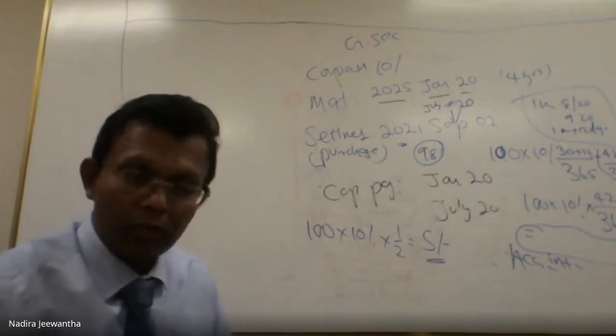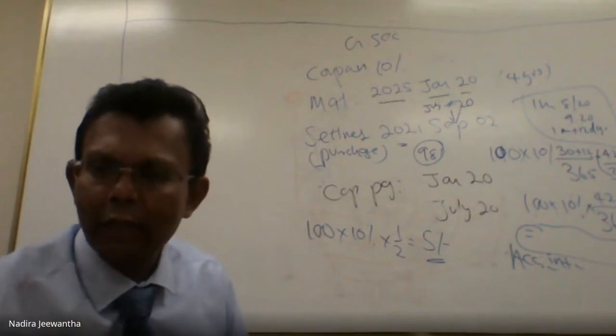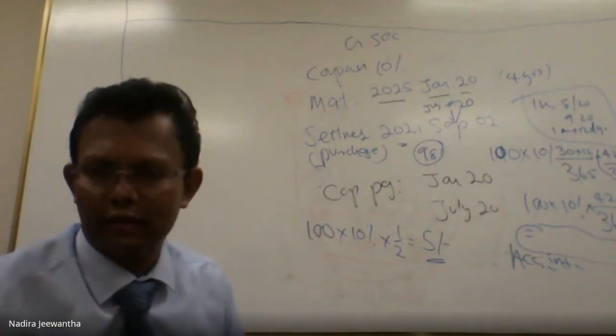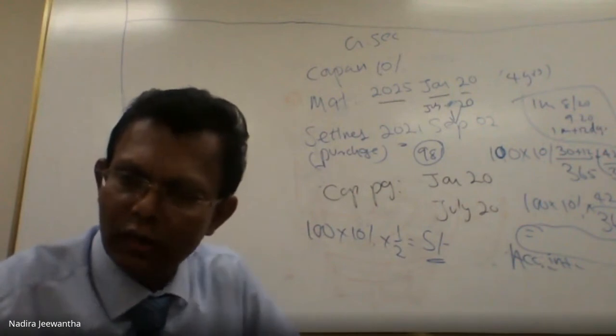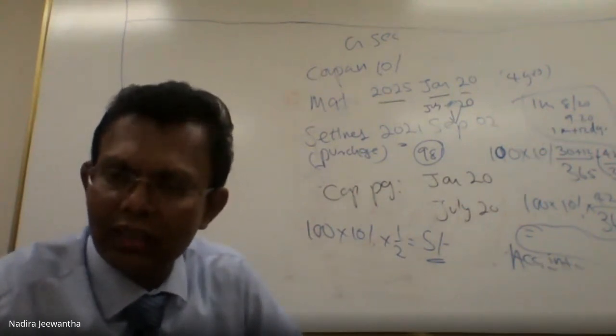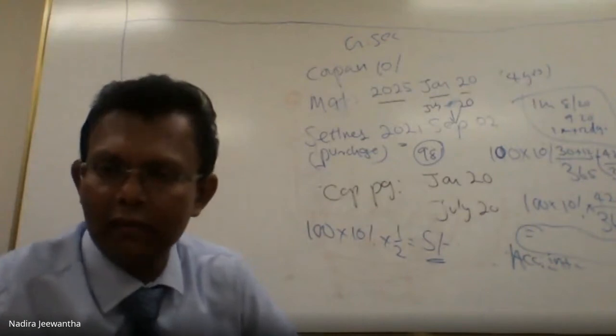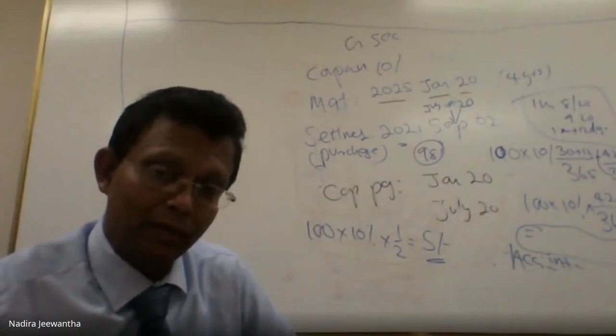So dirty price means what? Clean price plus accrued interest. Now, when you are asked in the exam to calculate the bond pricing, what you get is basically the dirty price, but the examiner asks you to find out the clean price.